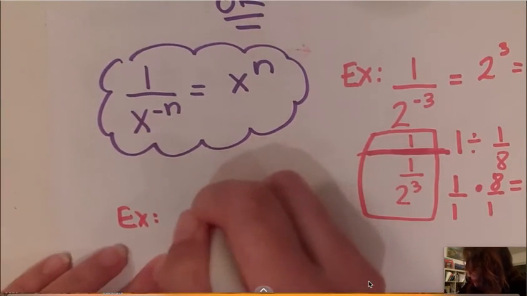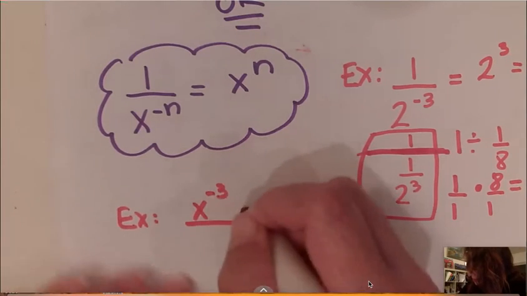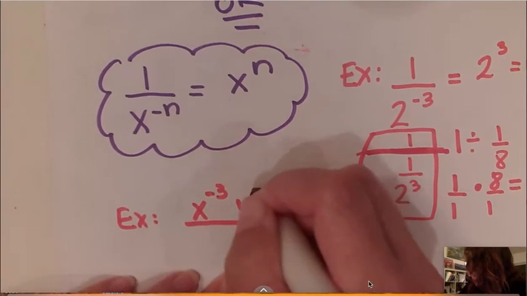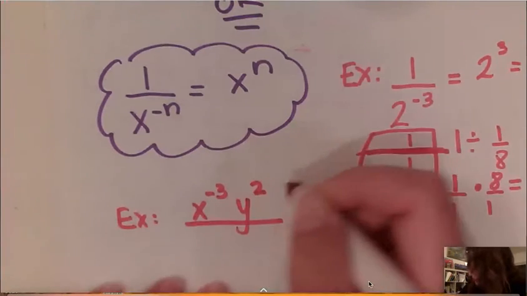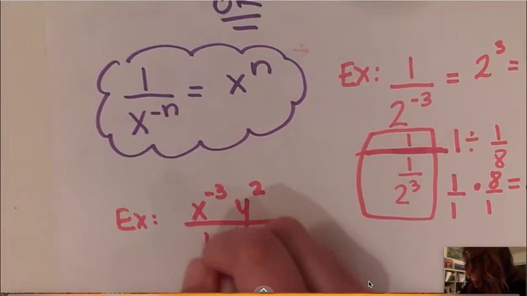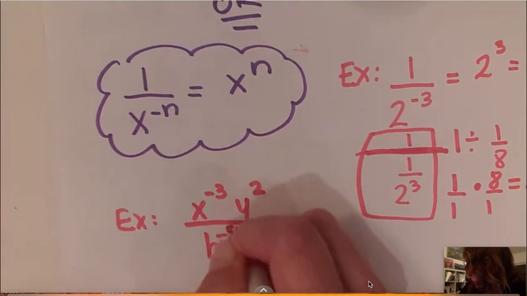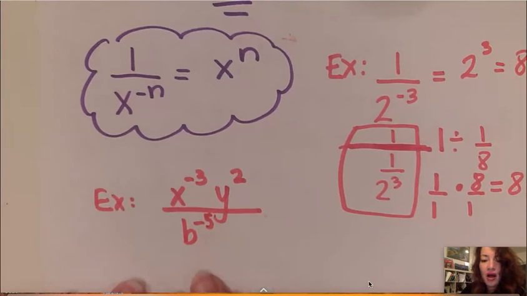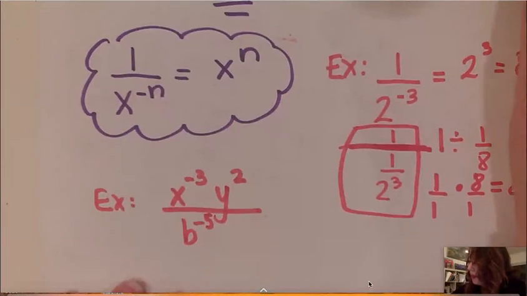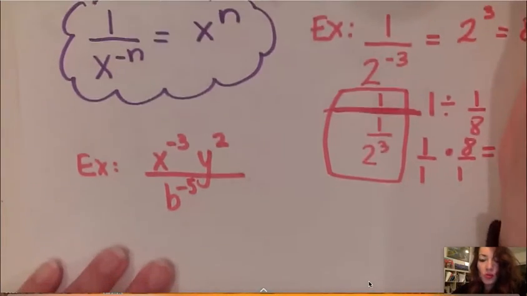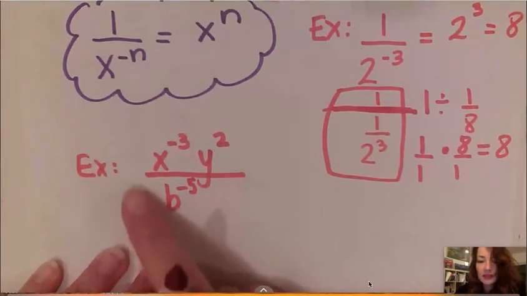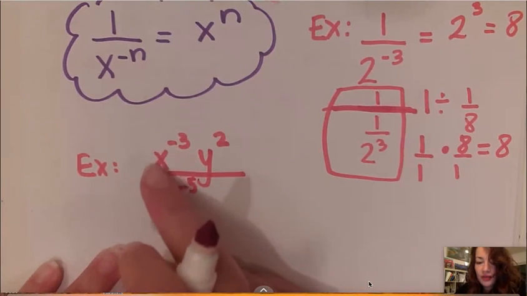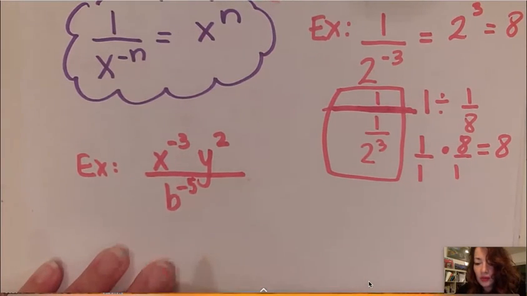So let's take a look at an example where we have more than one variable. So let's say this is x to the negative 3. This is y to the 2. Here I'll have b to the negative 5. Now if I wanted to rewrite this using only positive exponents, what we could do is basically every number, we cross the line, we change the sign.